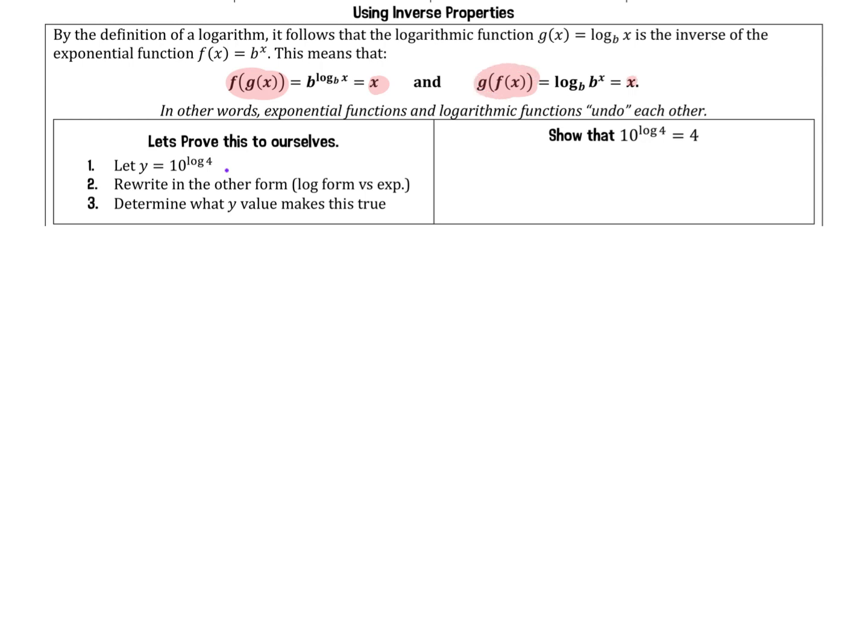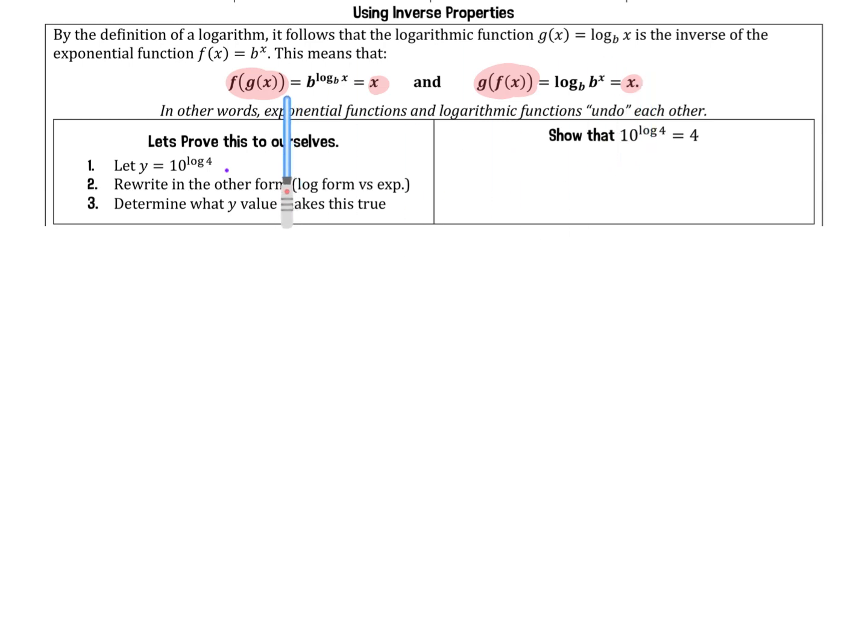The composition of two inverses should simplify out to be x. So if I have something like b to the power of log base b of x, that's just going to simplify to be x. If I have something like log base b of b to the x, that's going to simplify to be x because these are inverse functions.